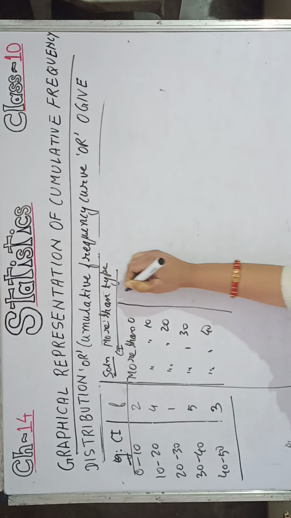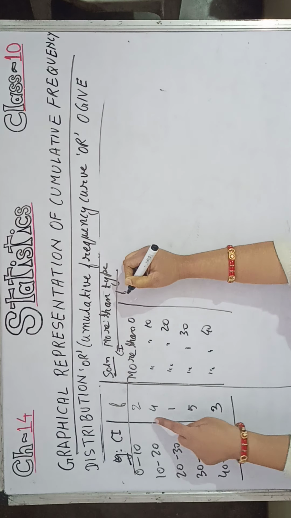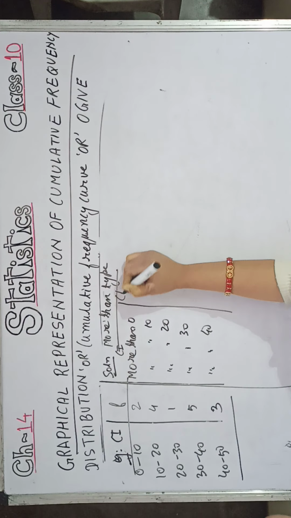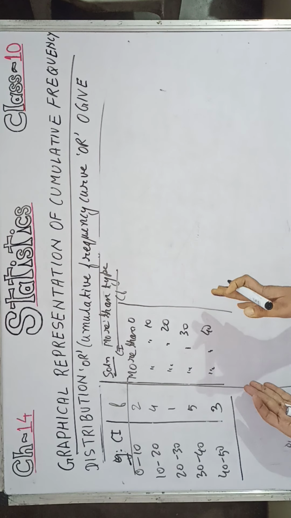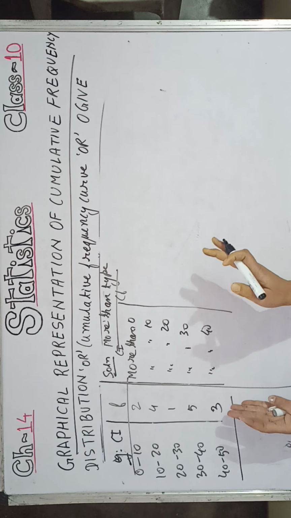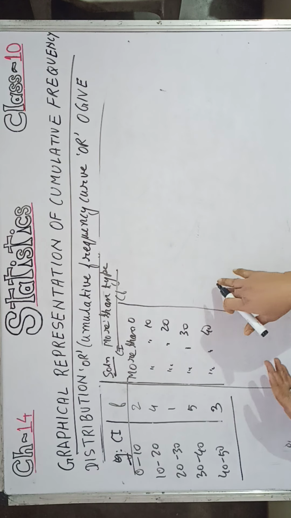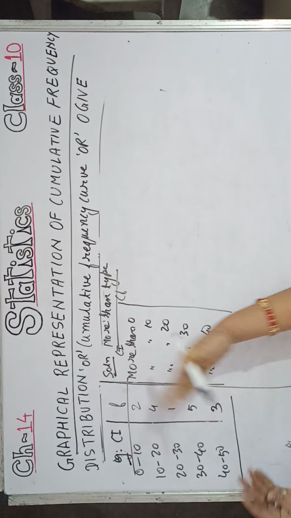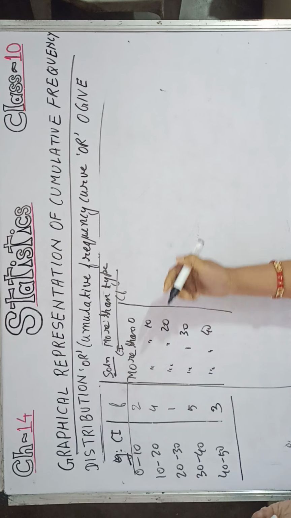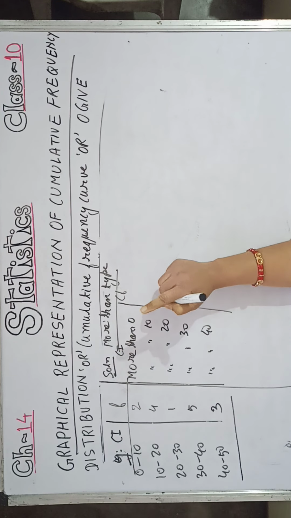Now over here F was given as 2, 4, 1, 5, 3. I am writing CF. Now to obtain a more than type of data, or a cumulative frequency data, we start adding from down, from bottom towards the top, as I have explained in my video class.